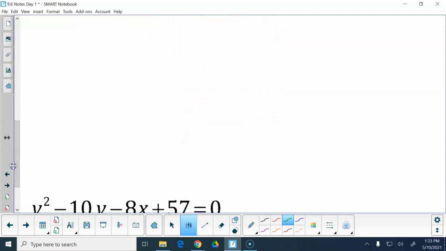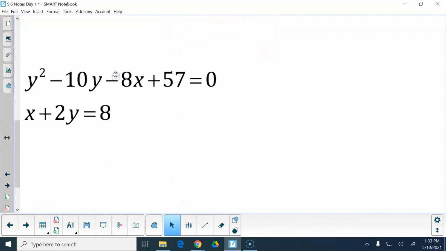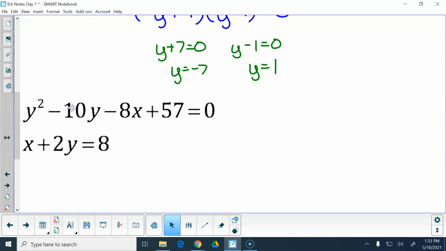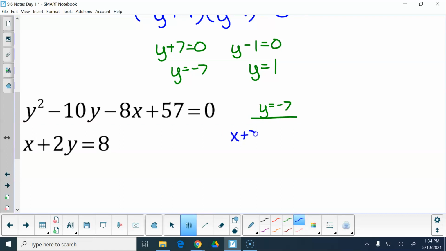I thought I had it way down here. I thought I had it right here somewhere. So if y is negative 7, then we've got x plus 2 times negative 7 is equal to 8. I got 22.